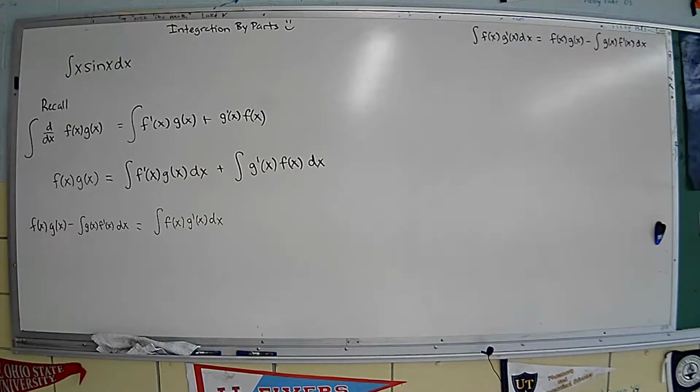It's just flipped. But that's the formula. Now you might be saying, how am I supposed to use that? It looks like a bunch of gibberish, and I'm not going to lie, it does.